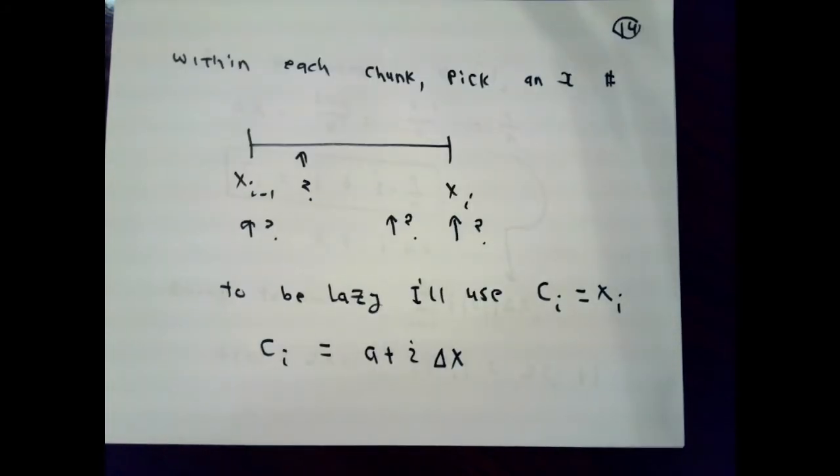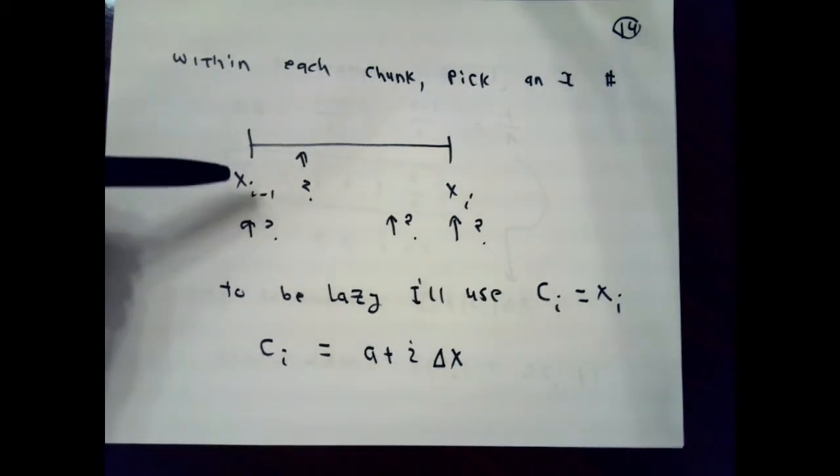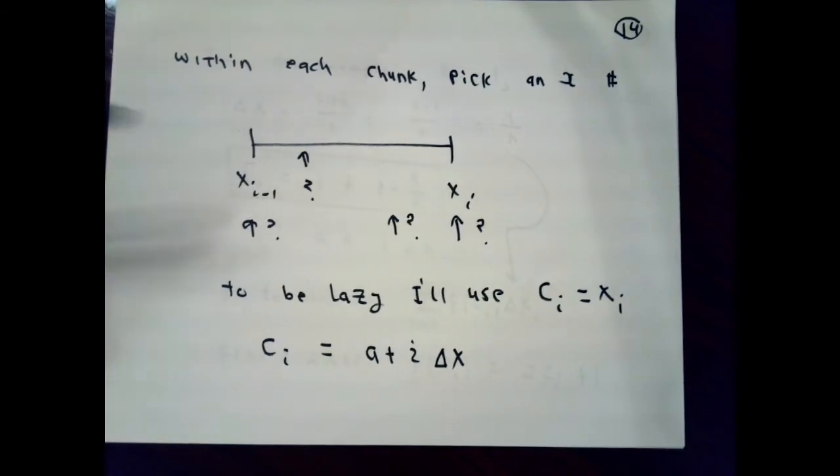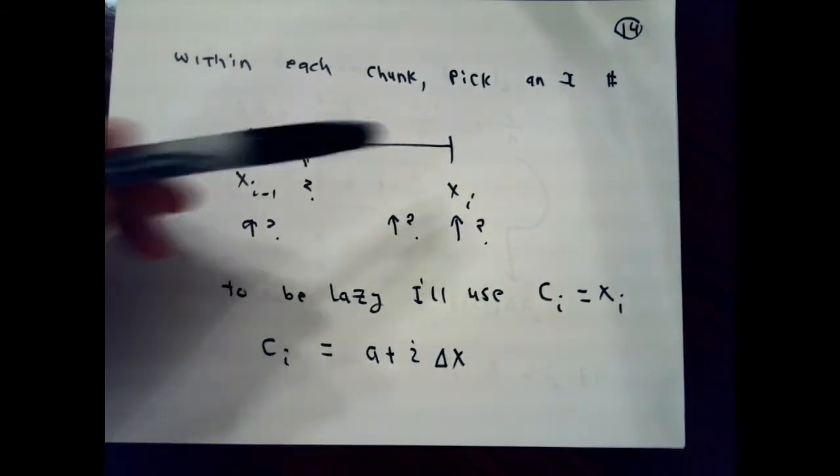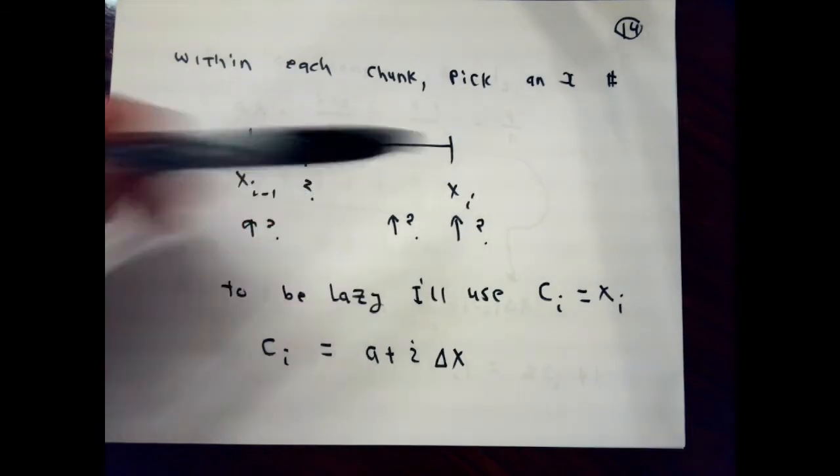Within each chunk, I'm going to pick an x number. I'll call it ci. All I need ci to do is to be somewhere in the interval that starts at xi minus 1 and ends at xi.